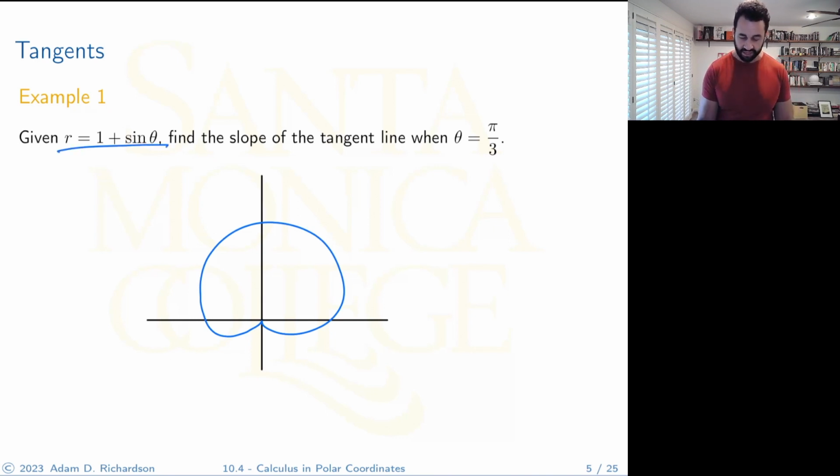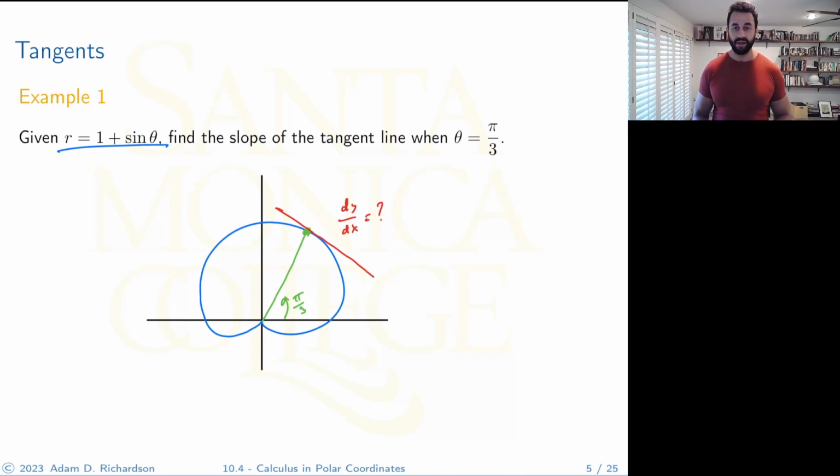What we want to know is the slope of the tangent line when the angle is pi over 3. If the angle is pi over 3, that's about here. Actually, I should have made that green. Let me try that again. So this is the angle pi over 3, and what we want to know is the slope of this line.